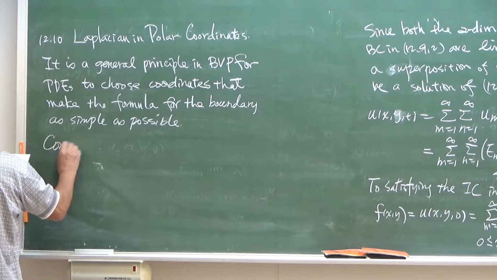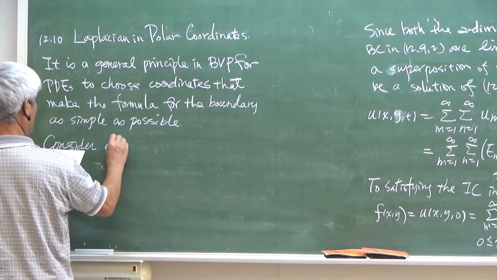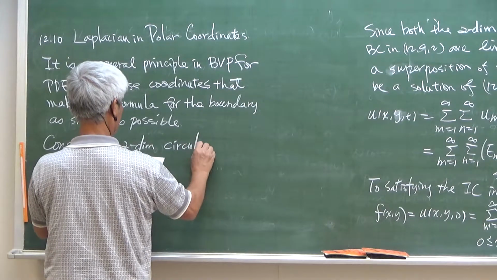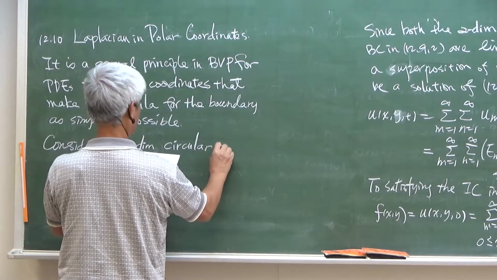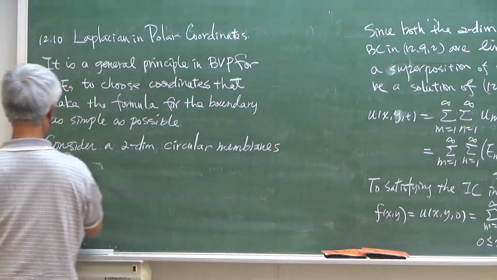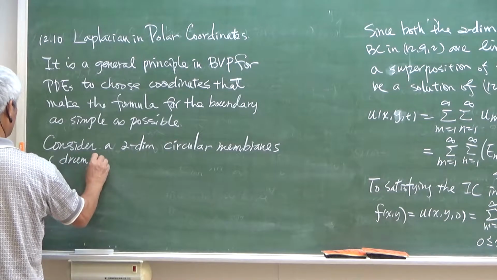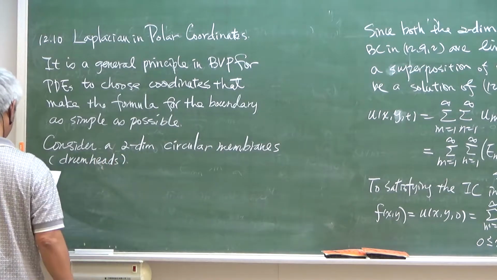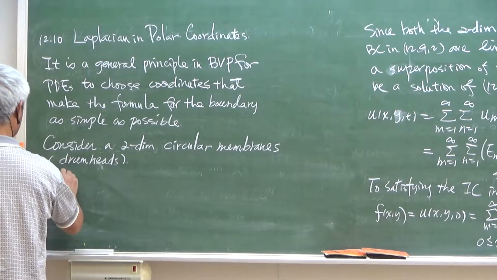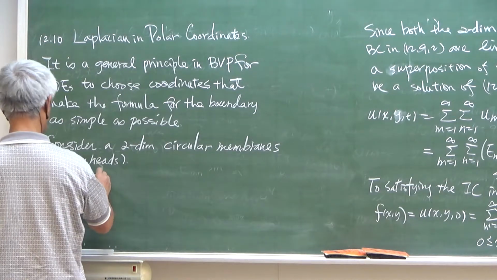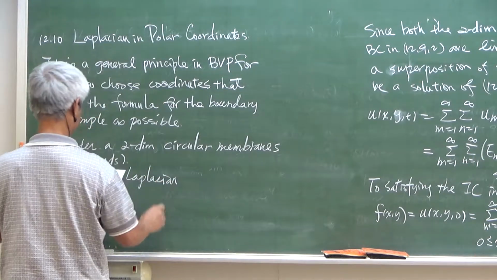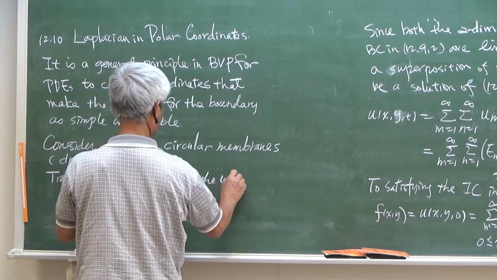Okay, so now we consider a two-dimensional circular membrane, for example the drum head. So we will transform the Laplacian in the wave equation.